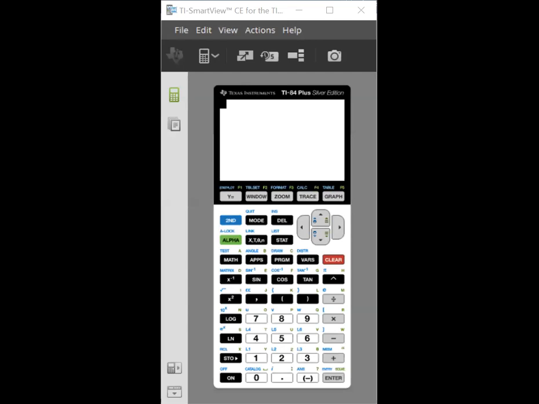Now we're going to type in the natural log of 1.3, close the parentheses, and divide by the value 2, and hit enter. It is 0.1318118. So k is about 0.13118.